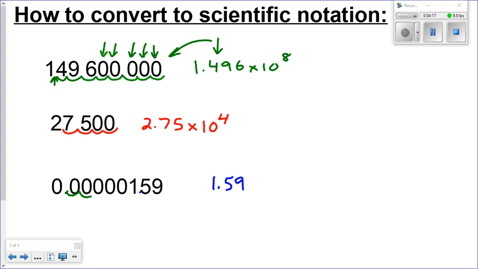Times 10, 2, 3, 4, 5, 6 times. So now we have to divide by 10 6 times. In scientific notation, we still multiply, but we multiply by 10 to the negative 6. That's the same as saying times 1 over 10 to the 6. And that's how you do scientific notation.